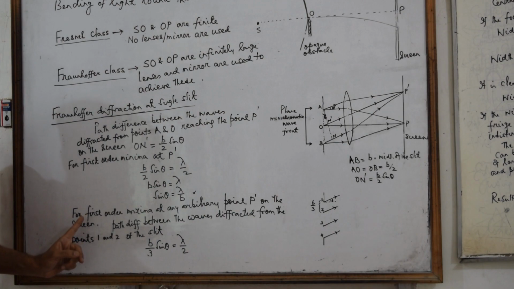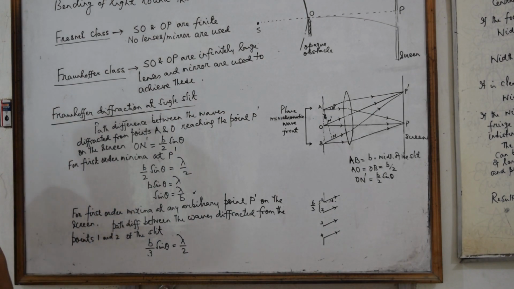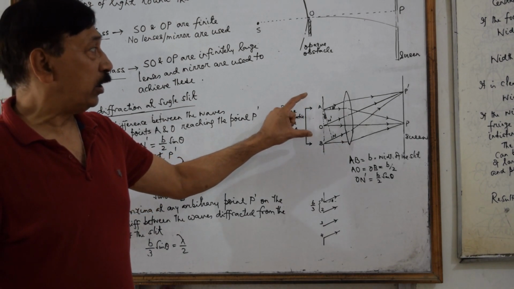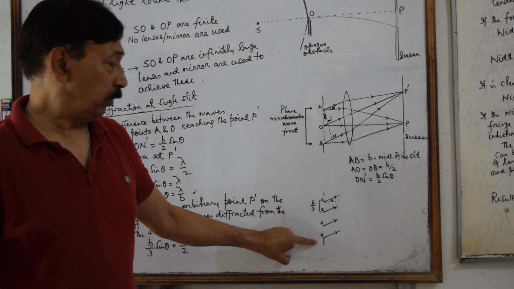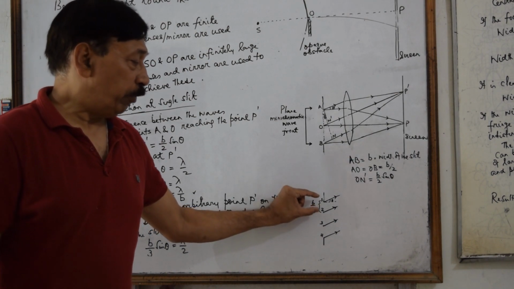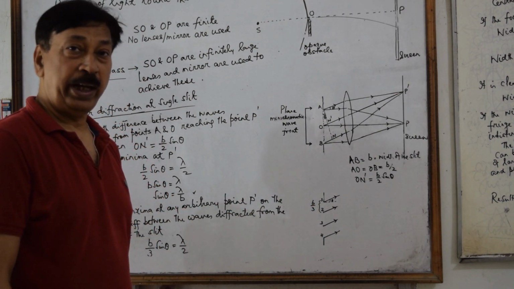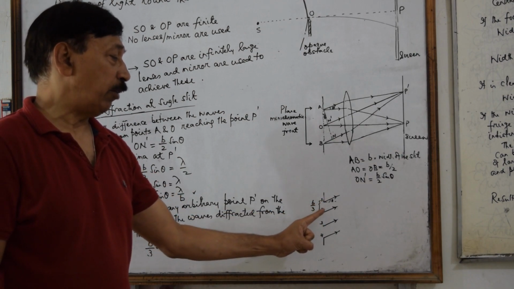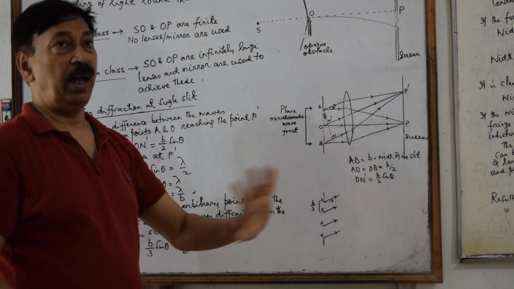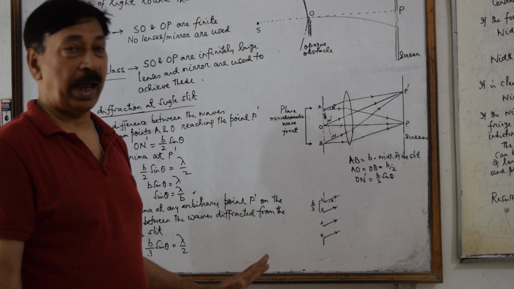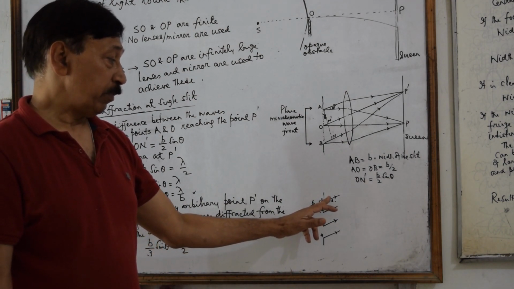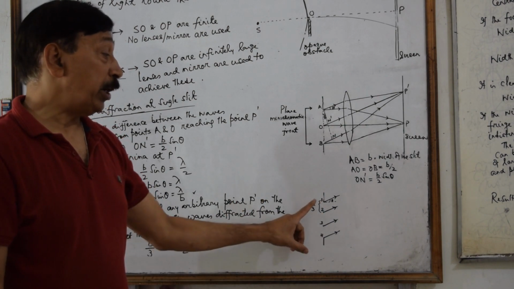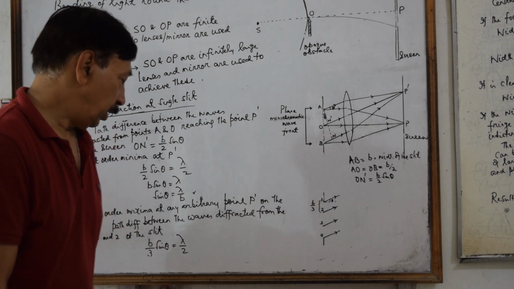Now, for the first order maxima, we imagine the same slit to be divided into 3 equal parts this time, such that the width of each part is b/3, and the path difference between the waves diffracted in an arbitrary direction making angle theta with the direction of the incident beam will be equal to b/3 sin theta this time.